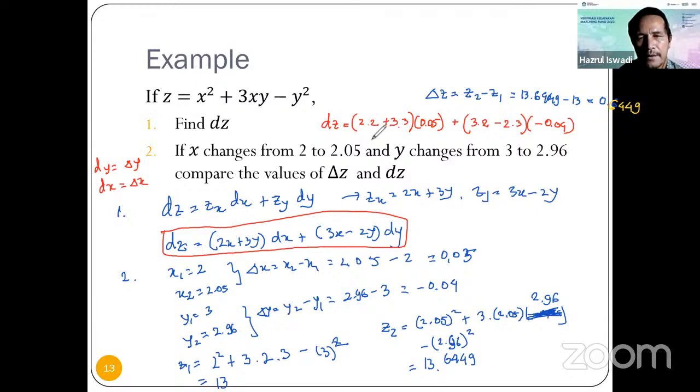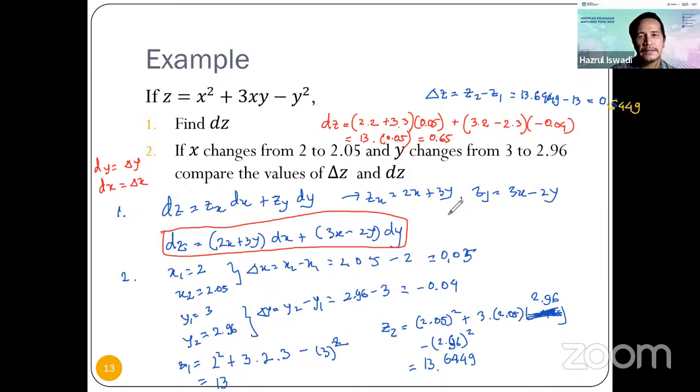The second term will be 0, and what we have is 13 multiplied by 0.05. How much? 13 multiplied by 0.05 is 0.65.